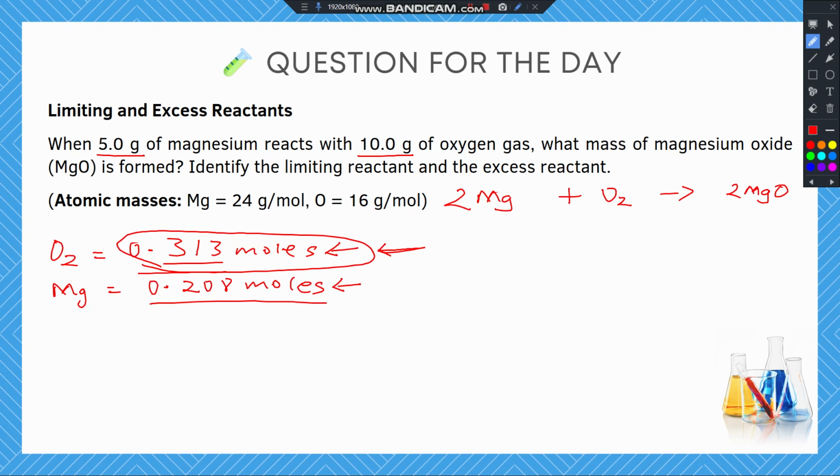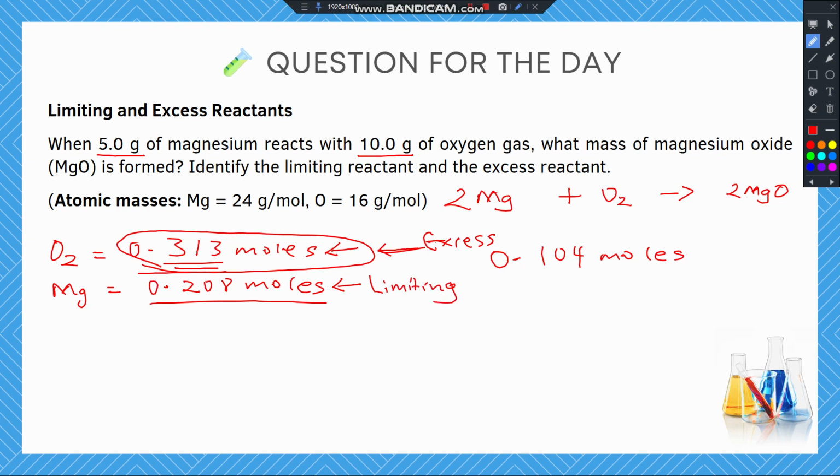We calculated the number of moles of oxygen that is needed for this reaction: 0.104 moles of oxygen needed, but we have 0.313 moles available. That means oxygen is more than enough. Oxygen is the excess reactant. Automatically, that means that magnesium is the limiting reactant.